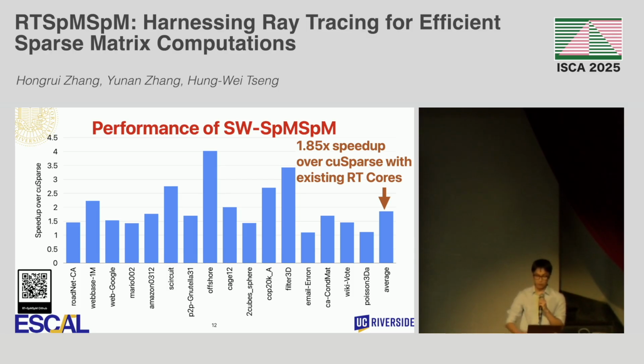On the horizontal axis, we have the names of the datasets we evaluated, multiplying each dataset by itself. And the vertical axis shows the speedup we achieved compared with the baseline, NVIDIA's sparse library at version 12.5. On average, we achieved a 1.85 times speedup and show no slowdown without any hardware modification.